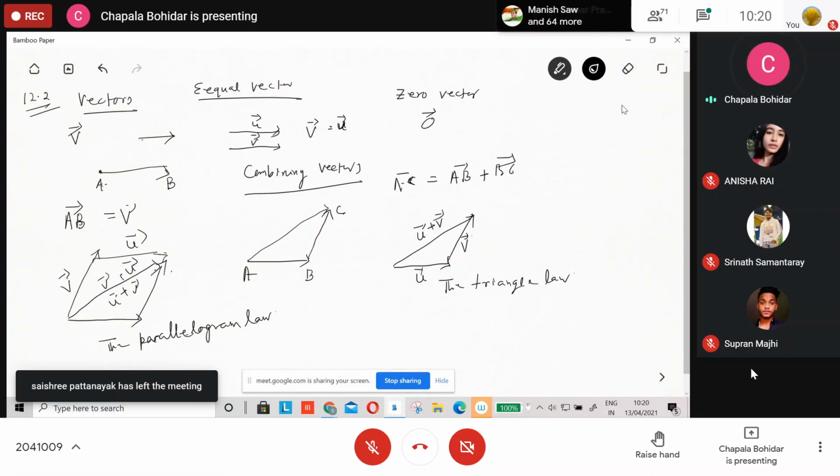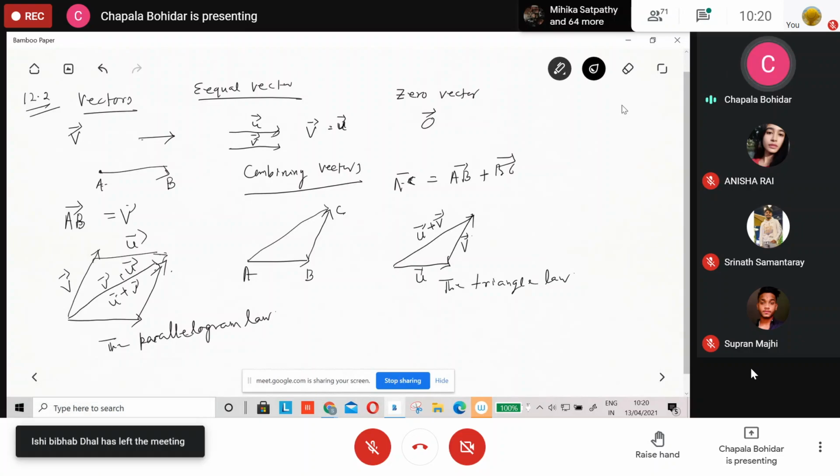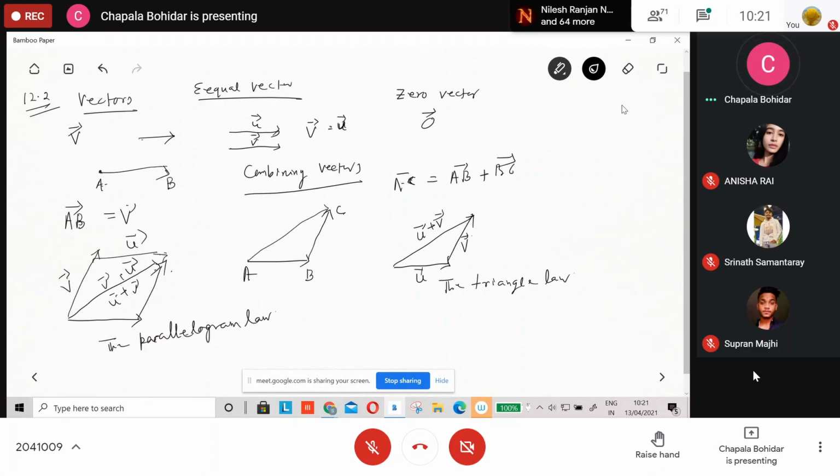Okay. Scalar multiplication. If C is a scalar and V is a vector, then the scalar multiplication of C with vector V is a vector or it is not a vector?